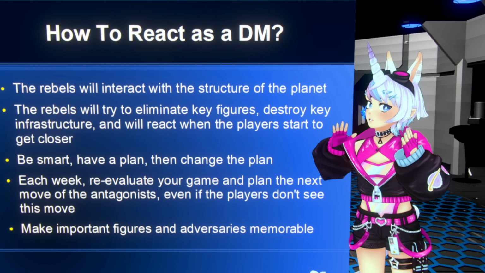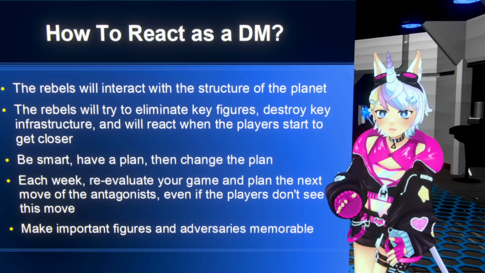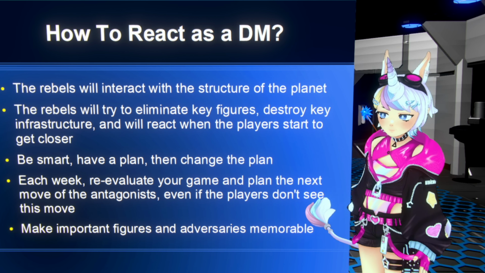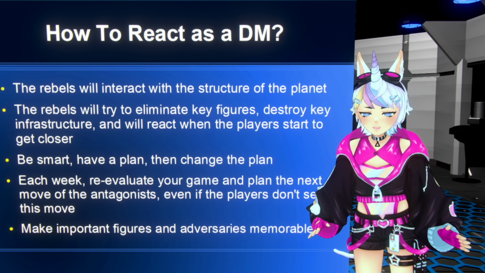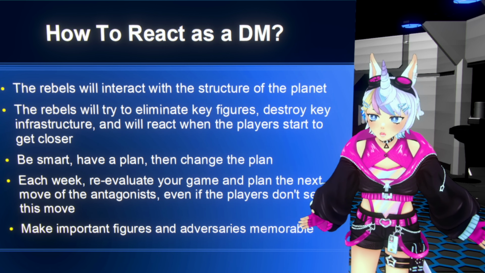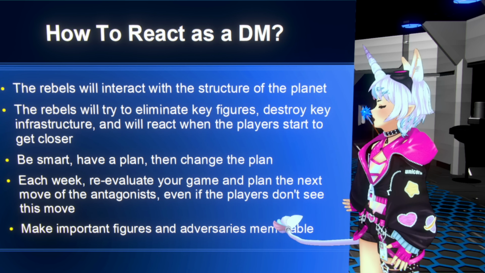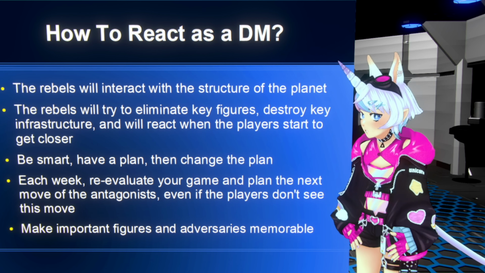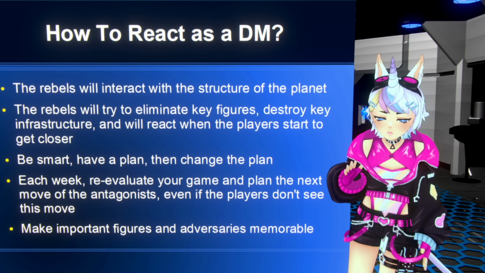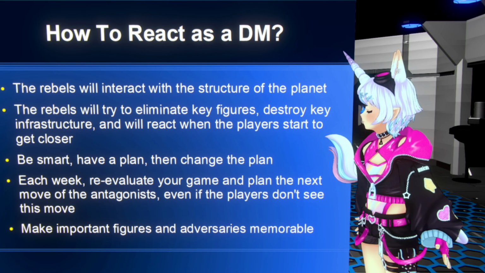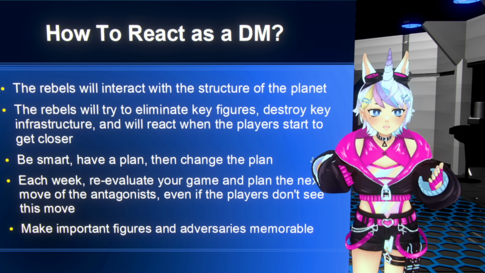And then when the players throw a wrench into your plan, you change your plan. Each week, you should be re-evaluating the game and plan the next move that the antagonists are going to make. Even if the players don't see what you're doing, or if the rebels are moving off screen, they still need to be moving off screen, because that is something that the players will end up finding a little bit later.